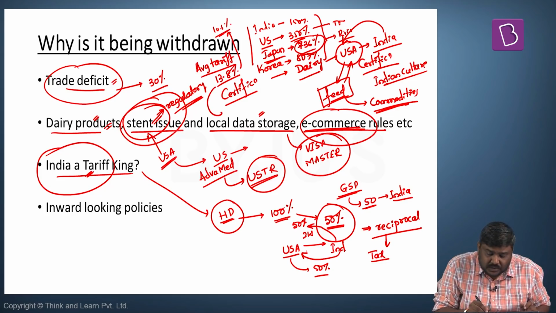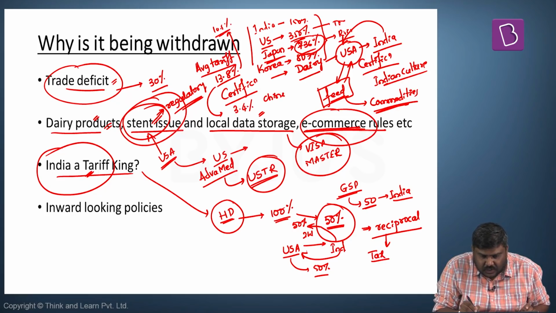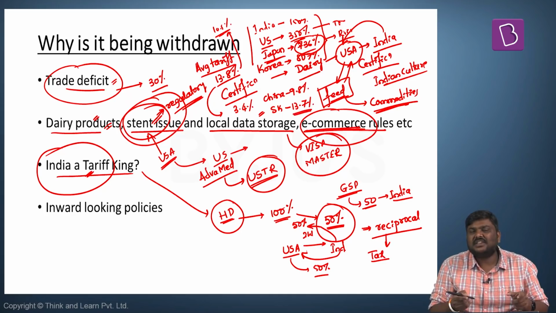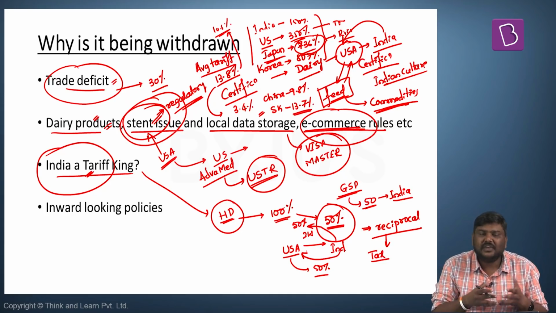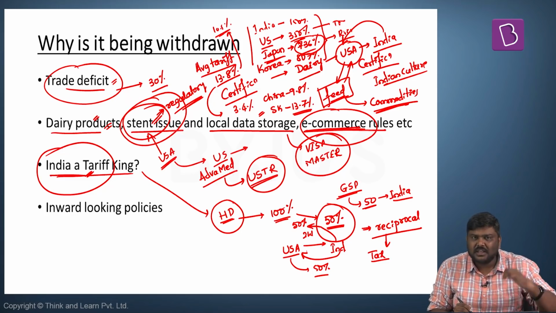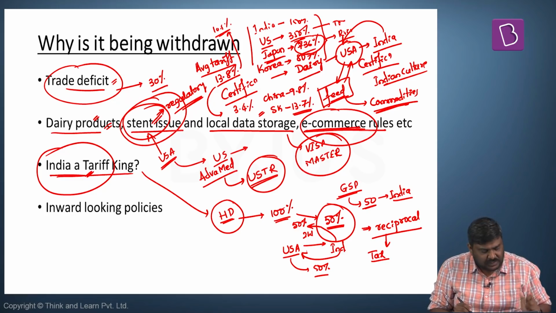Whereas USA imposes an average tariff of 3.4%. China imposes an average tariff of 9.8%. South Korea imposes an average tariff of 13.7%. So when you look at the average tariff, India is not a tariff king. But nevertheless, this argument is put forward by the US government every now and then.